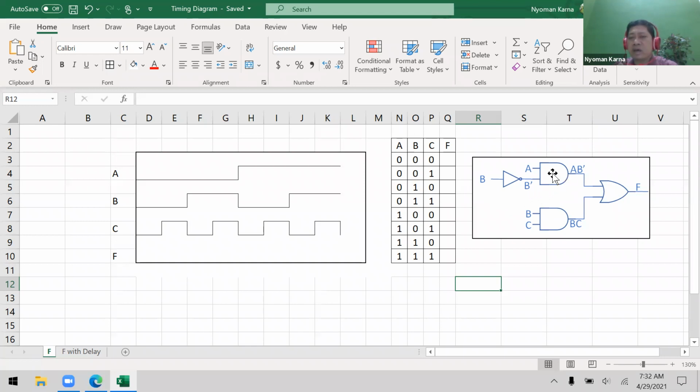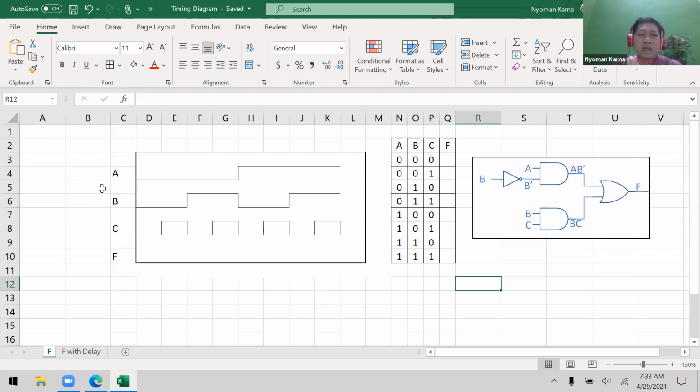Then we have an AND gate to create A times B naught, and another AND gate to create the function of B times C. The last one is the OR gate to create the addition of A B naught plus BC. Now we're going to discuss what happens if we supply a specific combination of inputs to this logic circuit.